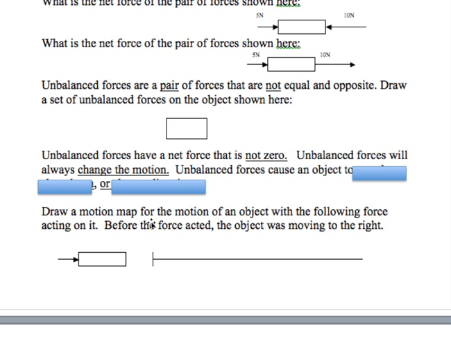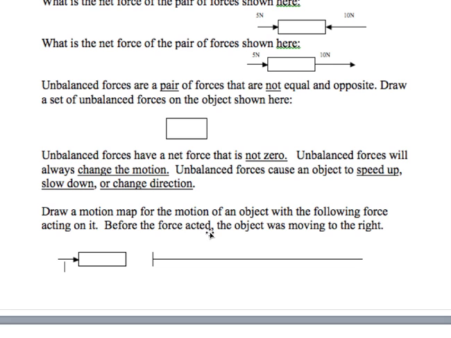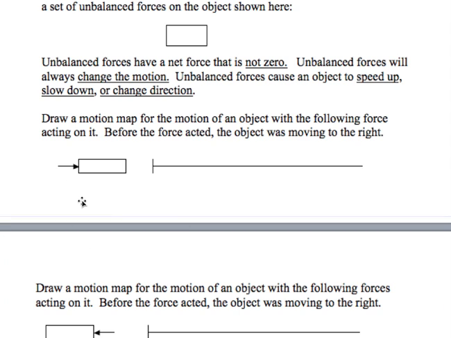You might get a negative answer. Unbalanced forces will always change the motion of the object. Unbalanced forces, where one force is larger than the other, will cause an object to speed up, to slow down, or change direction. So here on this object at the bottom, we have an object that is being pushed to the right with this force.